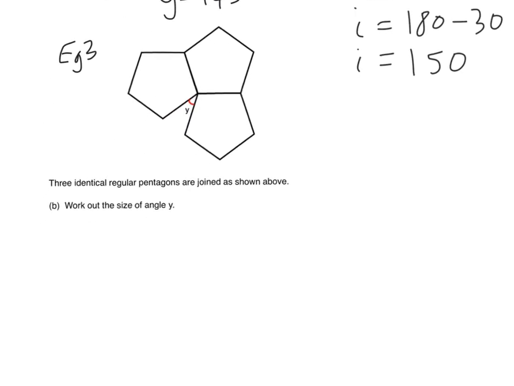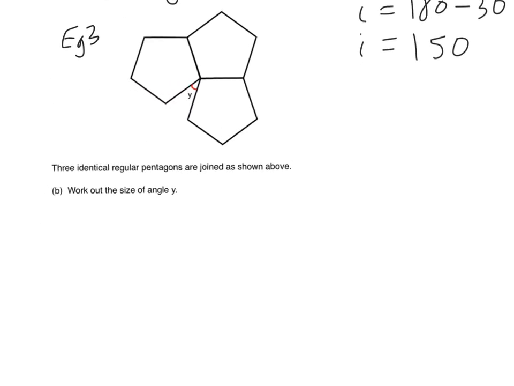And finally then, example 3. We have 3 identical regular pentagons joined as shown above. Work out the size of angle y. Well, I'd want to work out the size of the interior angle of a pentagon. So again, exterior angles add up to 360 degrees.